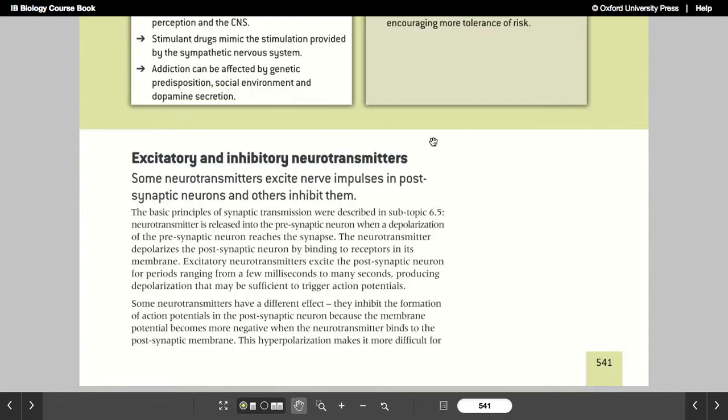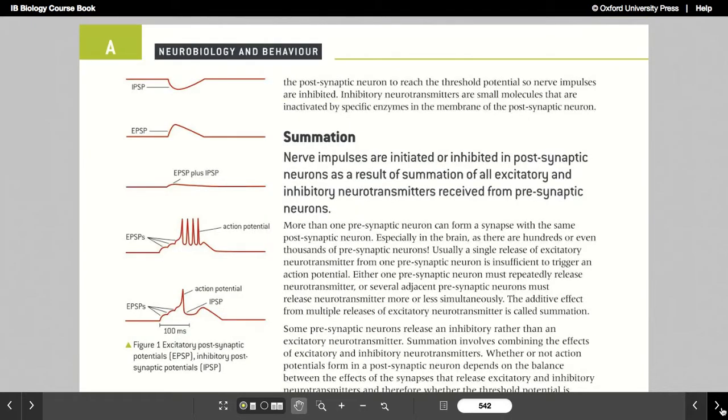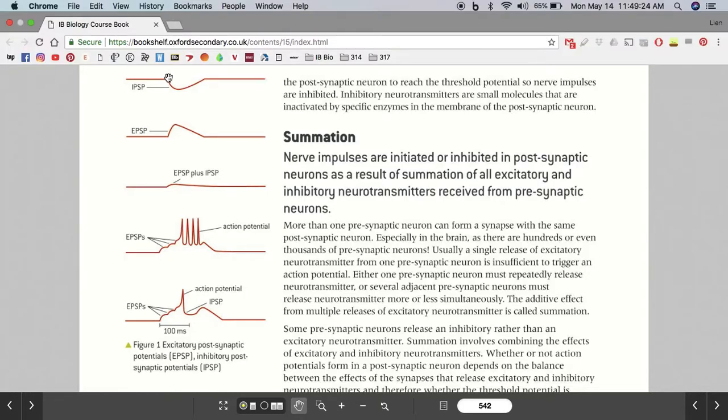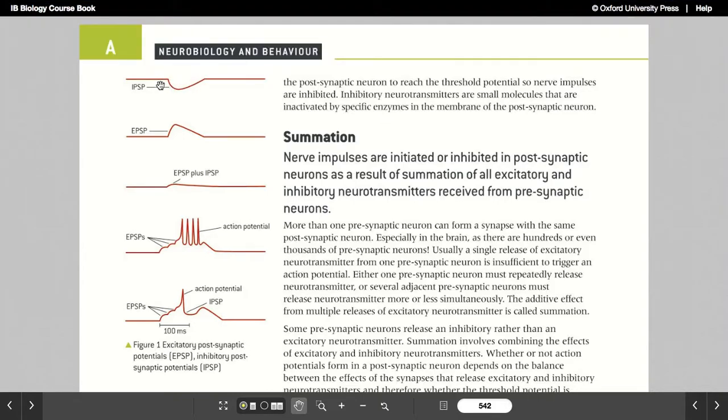Okay, so I think I've just covered that. So let's move on. When you send an inhibitory neurotransmitter across the synapse, you form something called an IPSP, which is an inhibitory postsynaptic potential, which causes the cell that receives that signal to hyperpolarize, which is a dip below the resting potential.